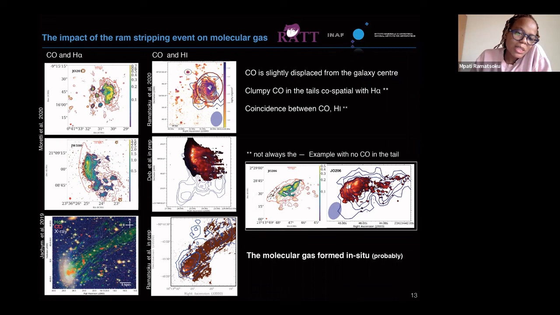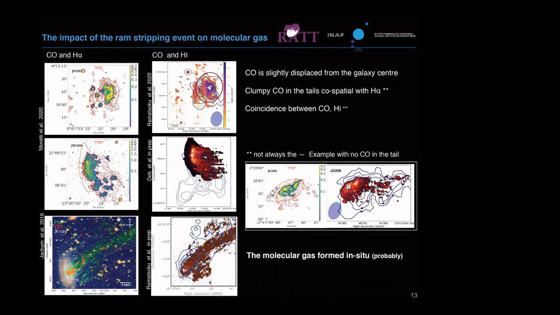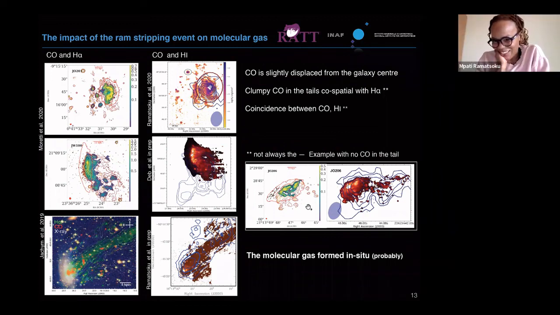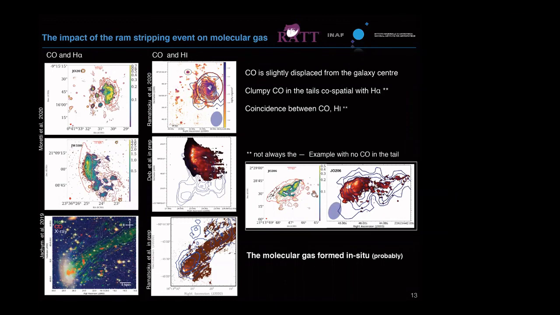Yes, so we basically just use the longer baselines. So the diffuse extended emission is what you're missing? Exactly. So we need the compact array, the ACA, basically. Makes sense.